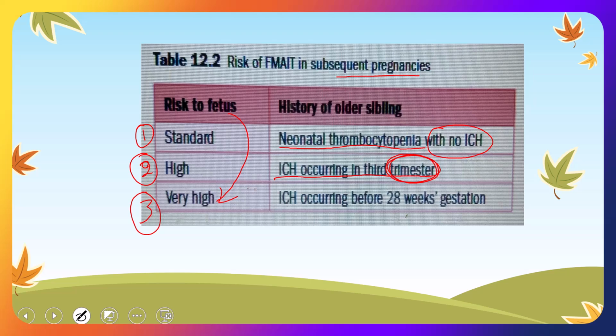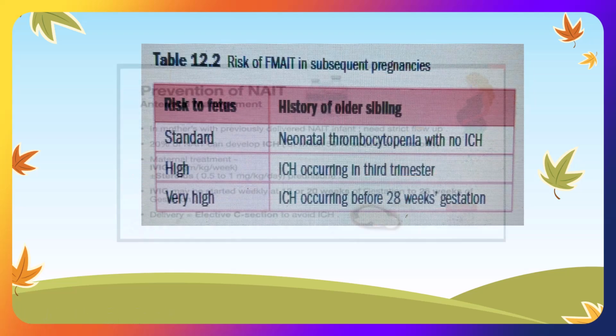When the patient gives a history of intracranial hemorrhage occurring in the previous newborn before 28 weeks of gestation, meaning when intracranial hemorrhage occurs in the previous baby earlier in pregnancy. So that baby in this pregnancy is going to have a very high risk of intracranial hemorrhage again.